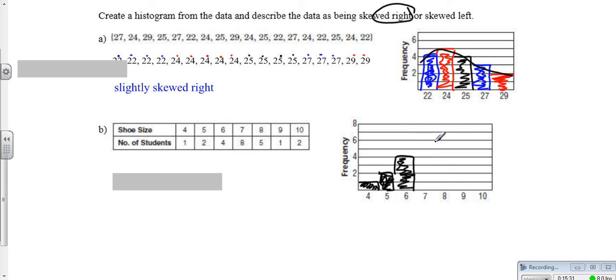Seven shows up 8 times. Holy cow, that definitely looks like the mode, doesn't it? 8 shows up 5 times. 9 shows up once. And 10 shows up twice.